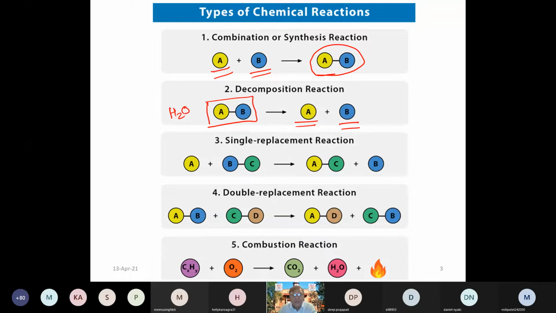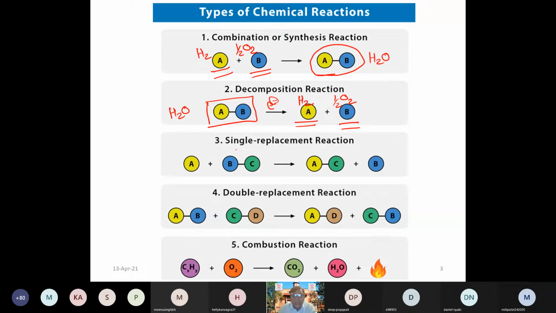Suppose I am having water, H2O, by electrolysis, meaning by passing electric current, we can convert it into H2 plus 1/2 O2. So this is called decomposition. In combination, suppose I am having hydrogen, H2, and oxygen. Now hydrogen and oxygen react with each other and we will get water. So this is known as combination or synthesis reaction.